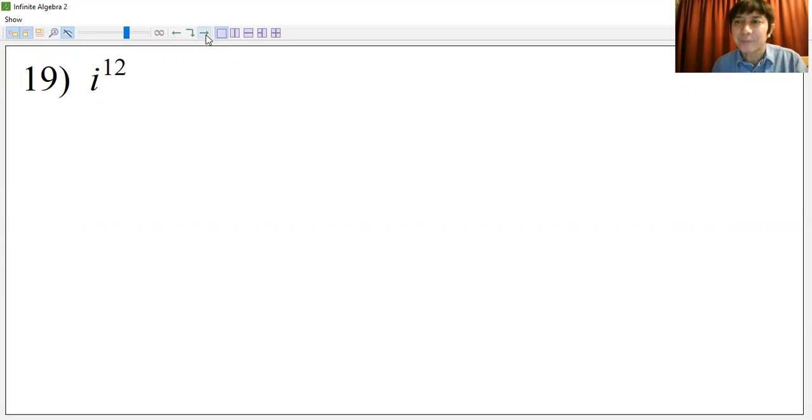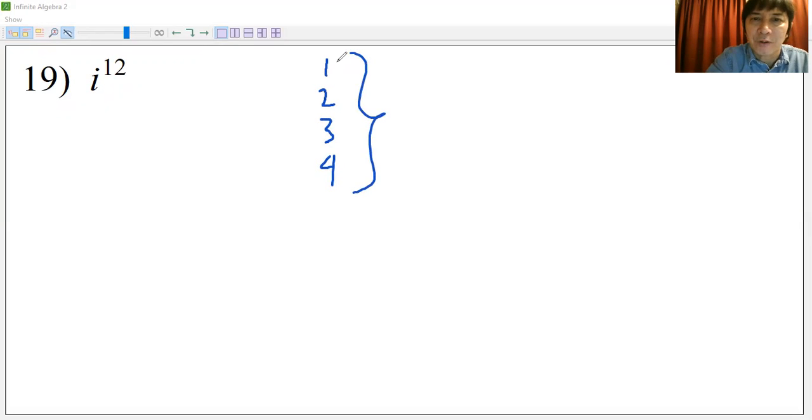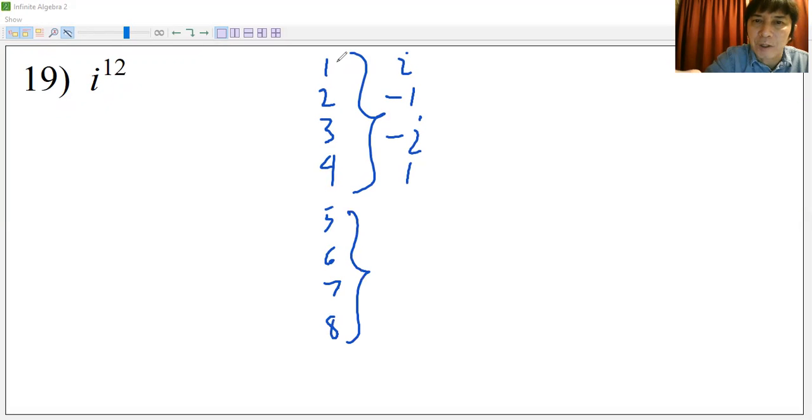So the rule goes like this. Because these are powers of I: I to the 1, 2, 3, 4 are in this particular order: I, negative 1, negative I, and positive 1. The next exponents 5, 6, 7, 8 have the same output, starting with I, followed by negative 1, negative I, and positive 1.